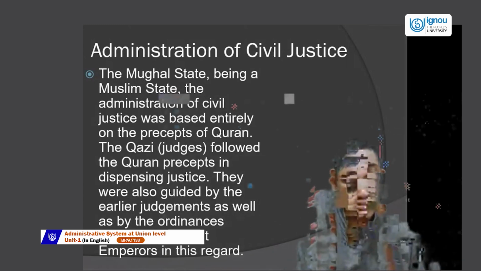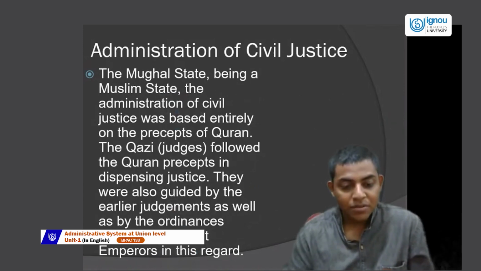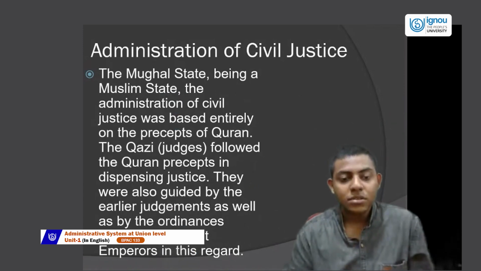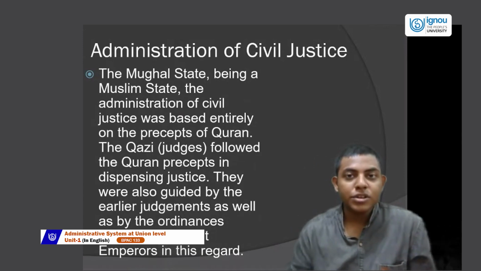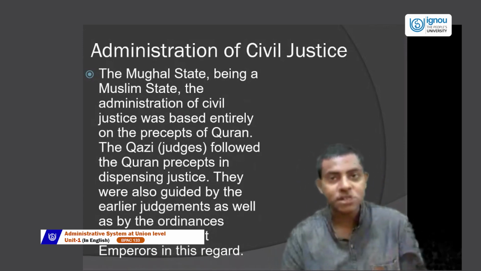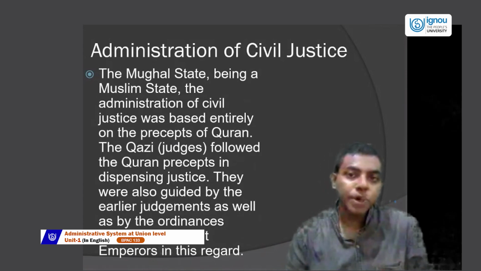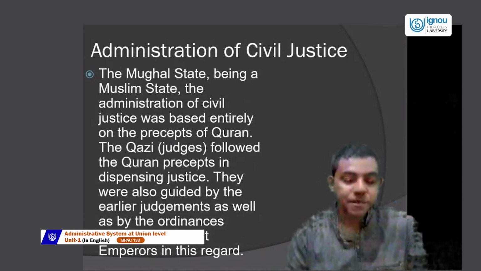They were also guided by earlier judgments as well as by ordinances that were issued by the emperors in this regard. In our present day constitution also, there's the concept of ordinance in Article 123. It is enshrined.